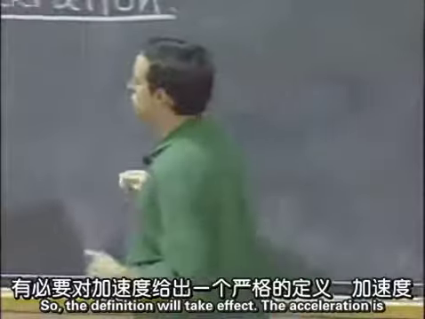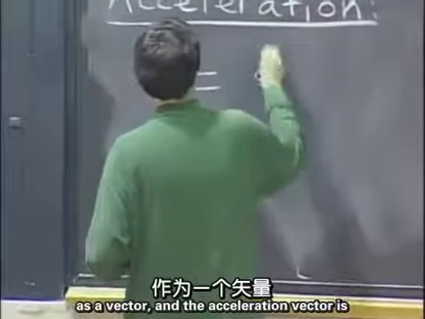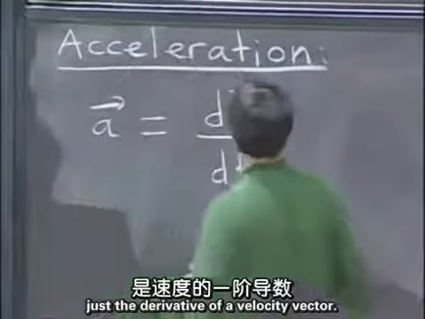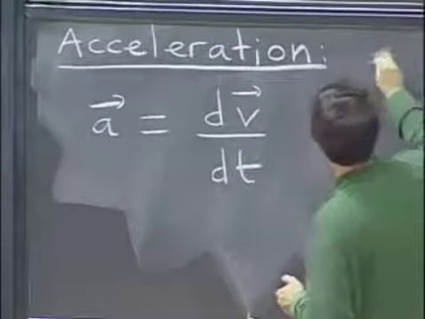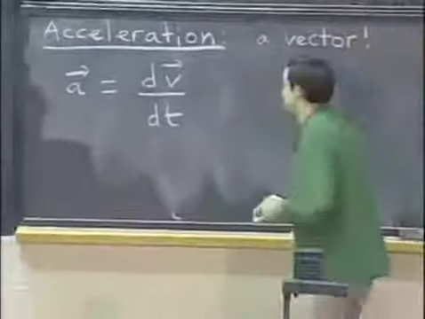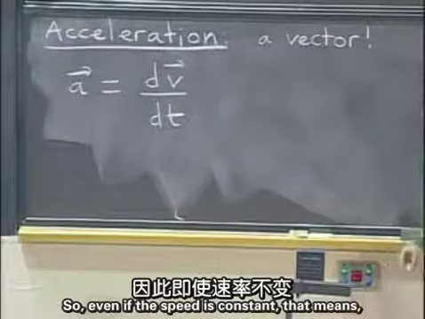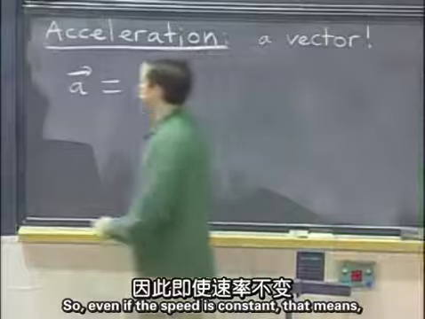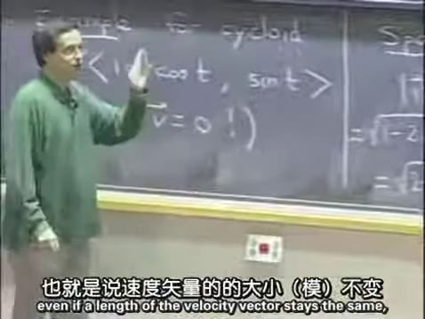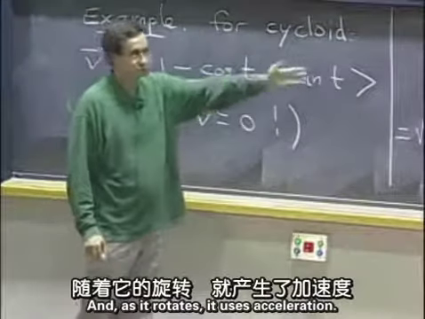So the definition we'll take of acceleration is as a vector, and the acceleration vector is just the derivative of the velocity vector. Even if the speed is constant, that means even if the length of the velocity vector stays the same, the velocity vector can still rotate, and as it rotates, that produces acceleration.